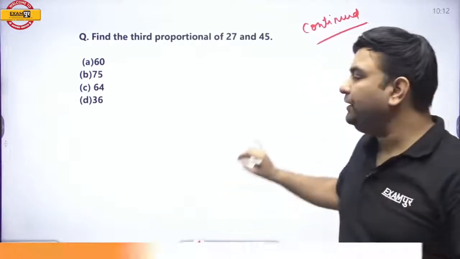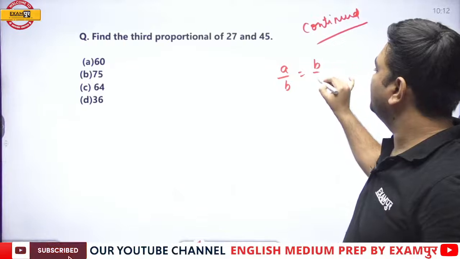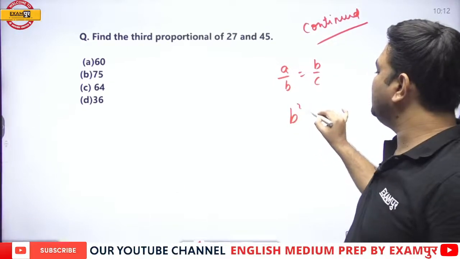What is the condition for continued? A upon B is equal to B upon C, or you can say B square is equal to AC.